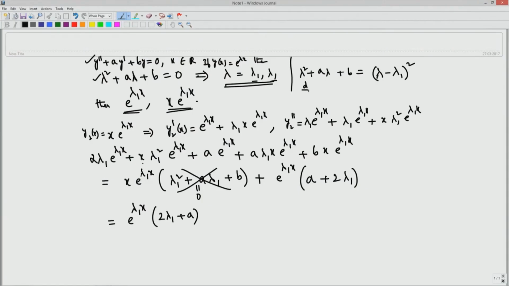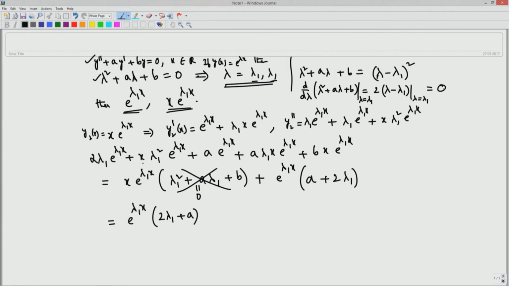If you differentiate with respect to lambda, the left hand side lambda square plus a lambda plus b gives 2 lambda plus a, and the right hand side gives 2 into lambda minus lambda 1.